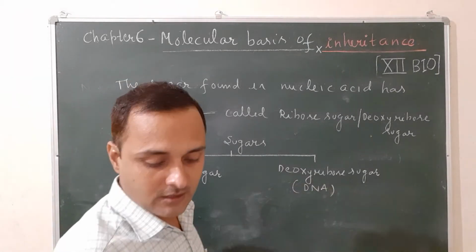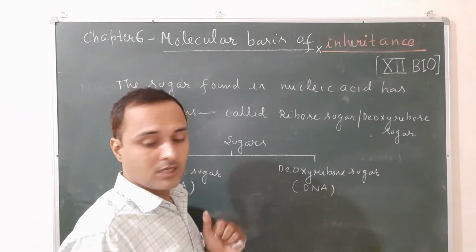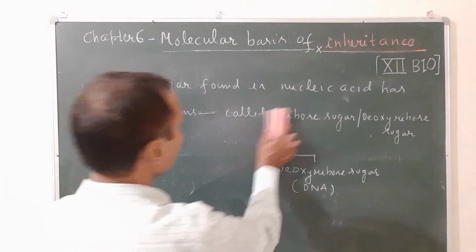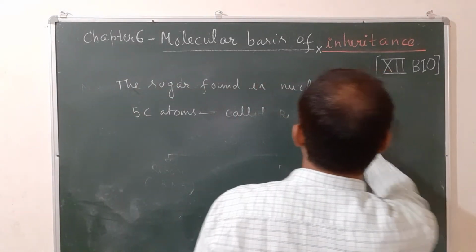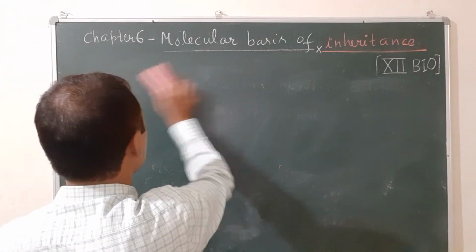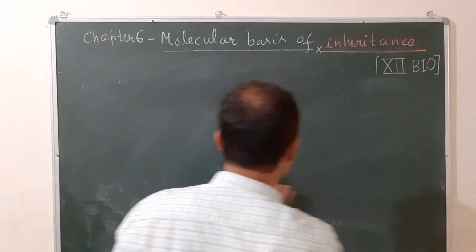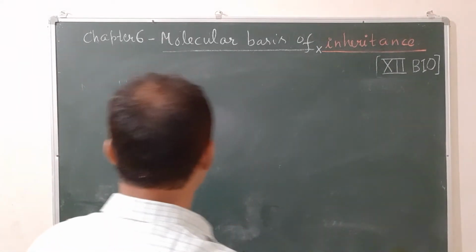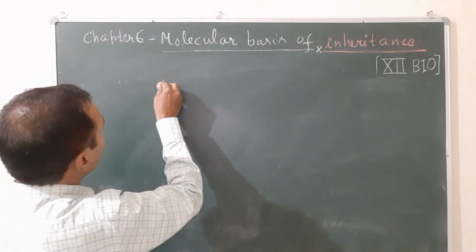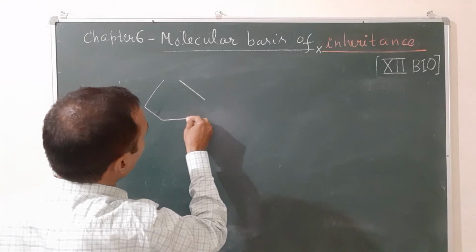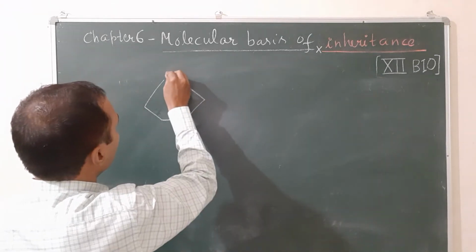Now let us see the structure and the molecular formula of ribose sugar and deoxyribose sugar. When we draw the structure of ribose sugar, it is a pentagonal structure having 4 carbons and 1 oxygen in the ring.